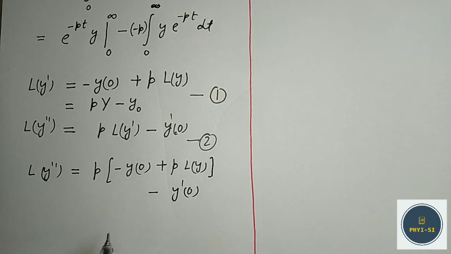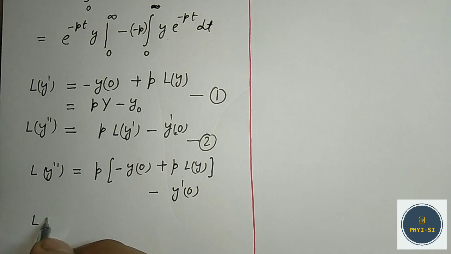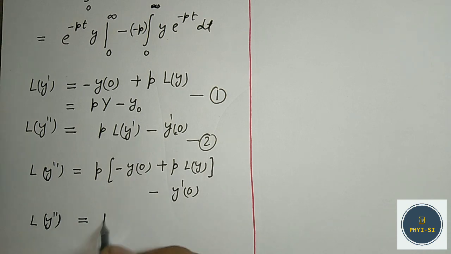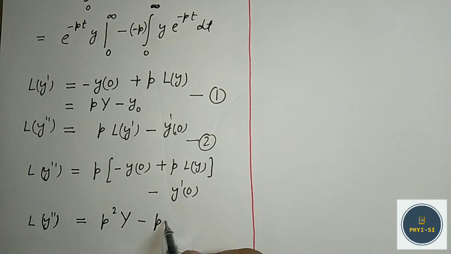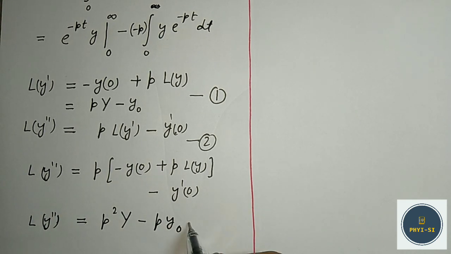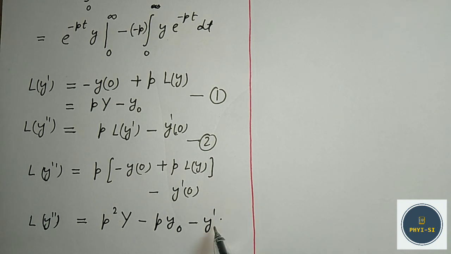This can be simplified as L of y double dash is equal to p square capital Y minus p y naught minus y dash naught.